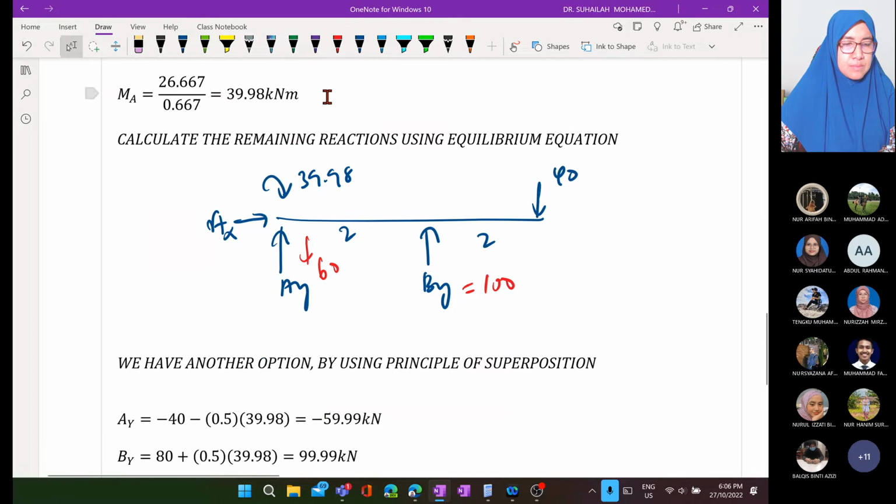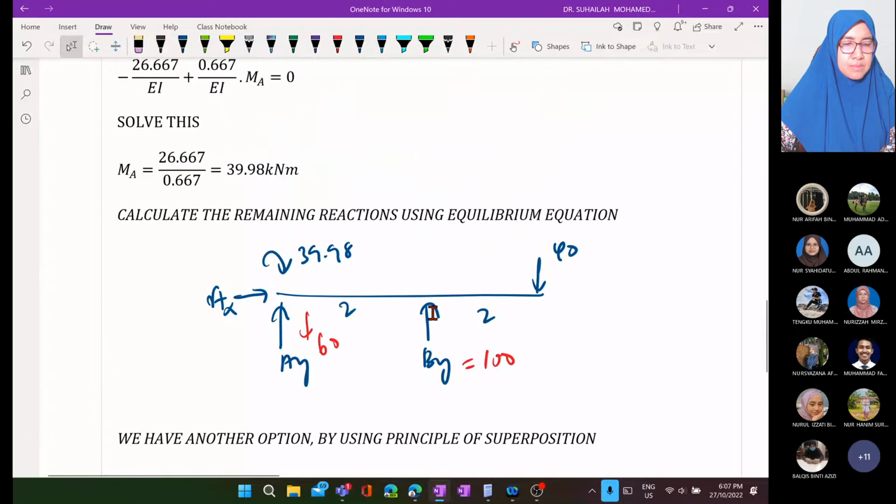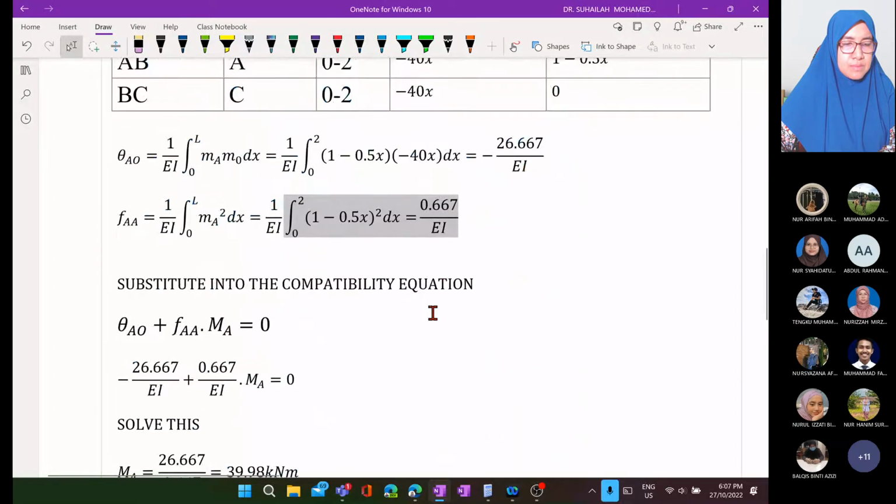Once you get the redundant, we can solve the remaining reactions using the equilibrium equation, or it is easier to use the principle of superposition, and use the equilibrium equation for checking. So this is the whole analysis.